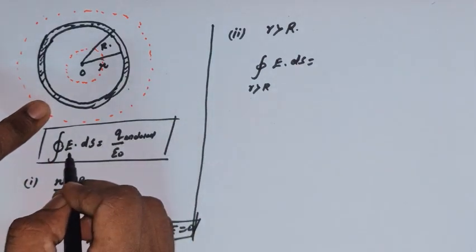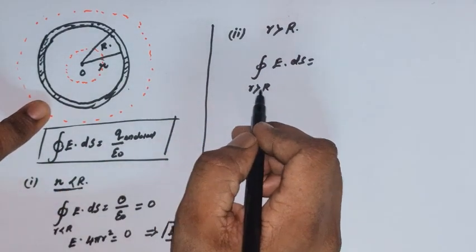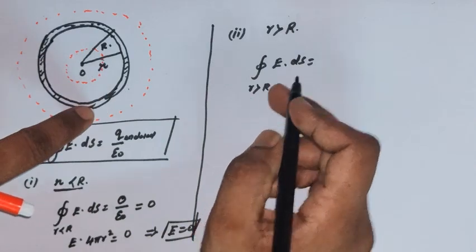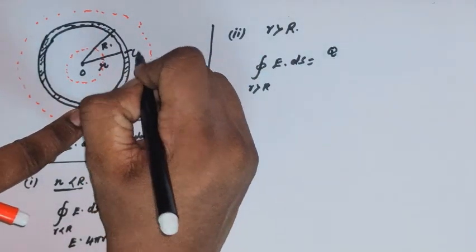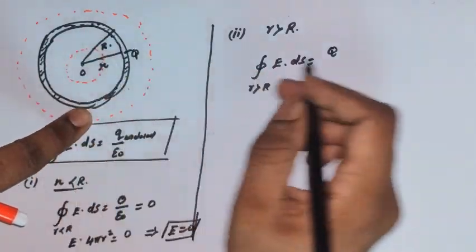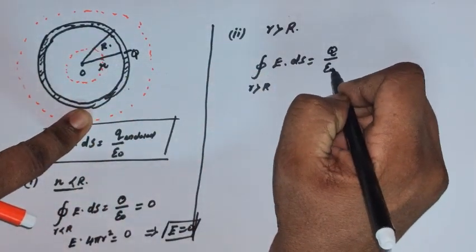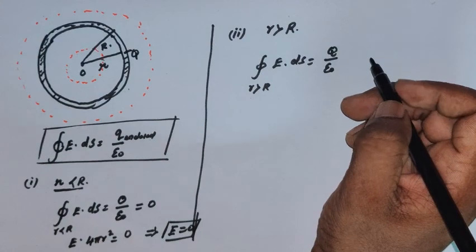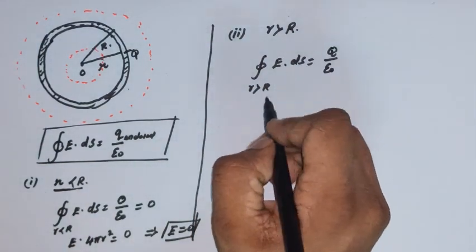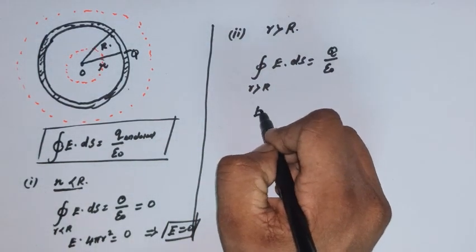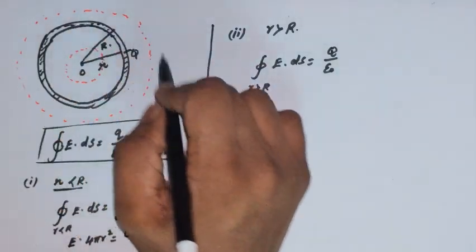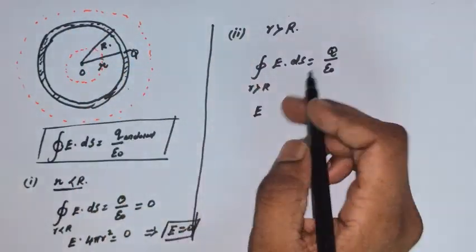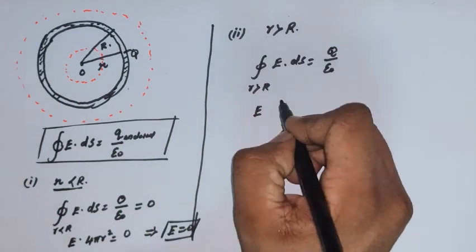When r is greater than R, the charge enclosed is q, the total charge on the surface of the hollow sphere, so it is q by epsilon naught. For this imaginary sphere outside the hollow sphere, the electric field is uniform, so you can take it outside the integral as a constant.